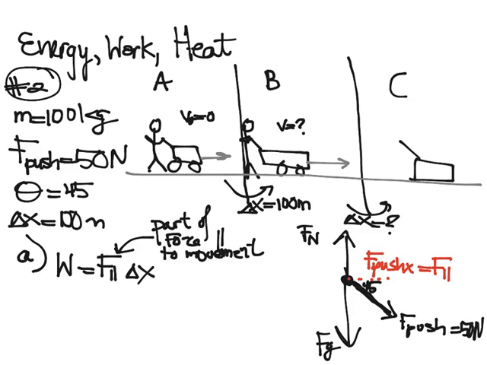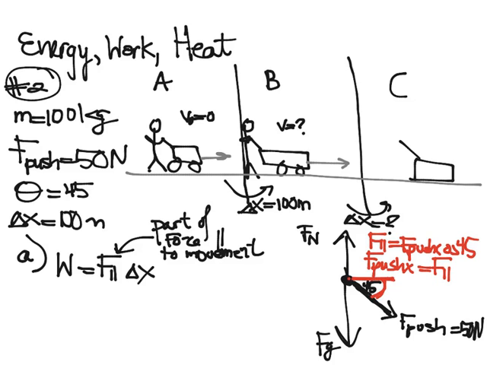Now, just to refresh your memory, this is adjacent to our 45-degree angle, so F push X, or F parallel, since it's adjacent, will be F push times cosine 45 degrees.